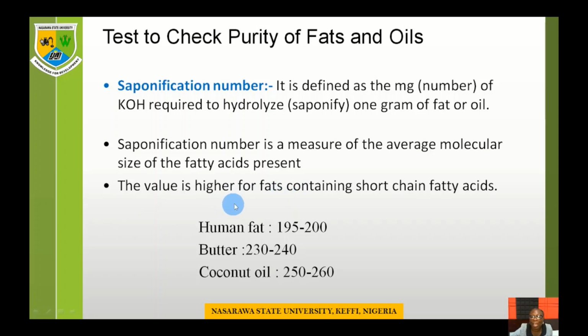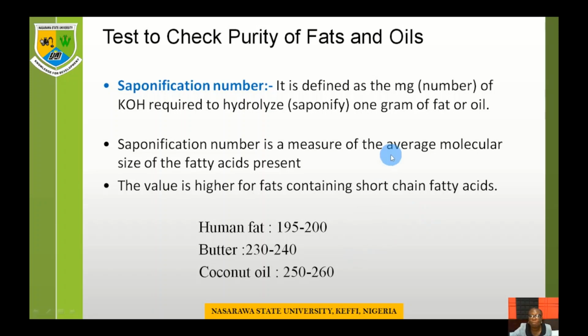The value is higher for fats containing short chain fatty acids. Majorly long chain fatty acids are the ones that are most suitable for consumption. So if it is high, then you have more short chain fatty acid. But if it is low, then you have long chain fatty acid present in that fat.